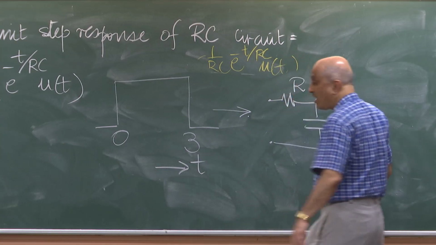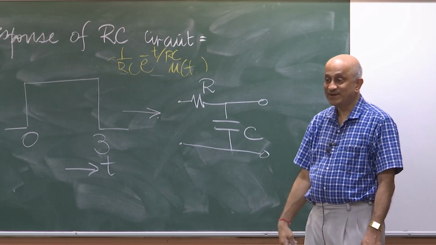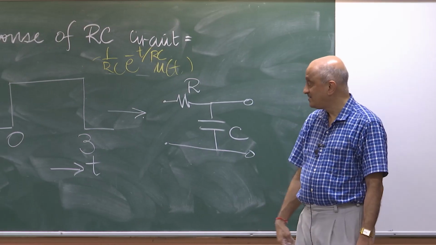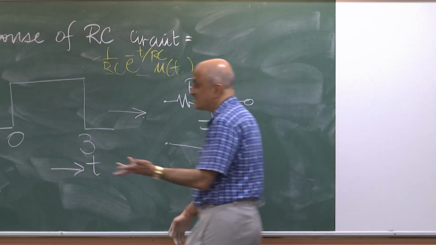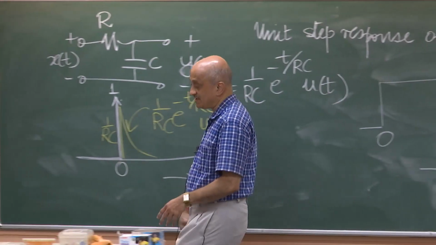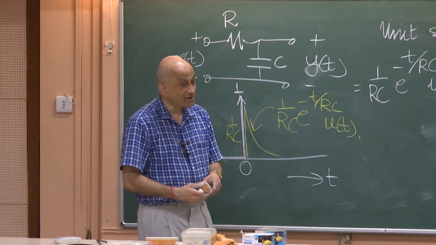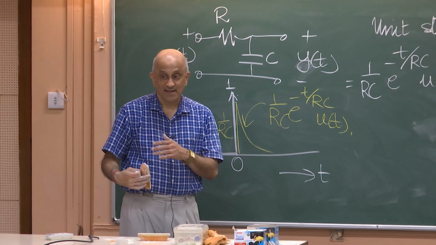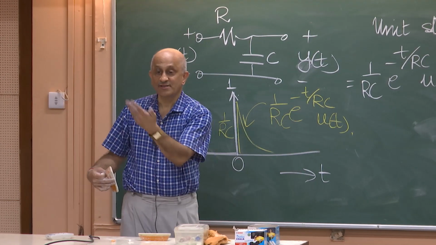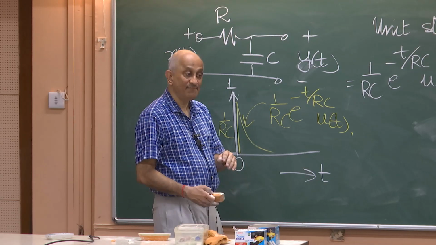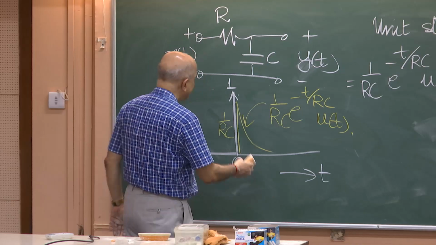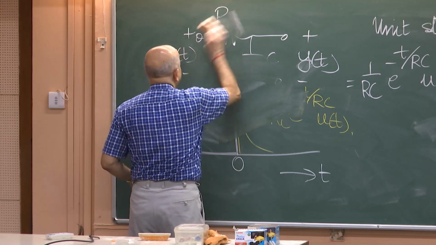Now, I want to find out the output here. What should I do? I should use the principle of convolution, right? Now, I have the choice. Convolution is commutative. So, I can either move this pulse across the impulse response or I can move the impulse response across the pulse. Both of them should give me the same answer. Is that right? Let us write down both of them.